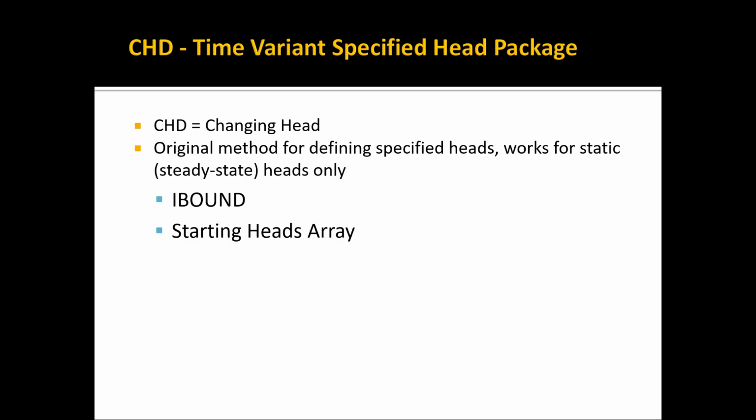Another one I want to talk about is the CHD package, the time variant specified head package. I don't have any drawings associated with this. This is a really simple package, and it's used to calculate a changing head boundary condition. So we've talked earlier about a constant head boundary condition when we were talking about the I-bound array.